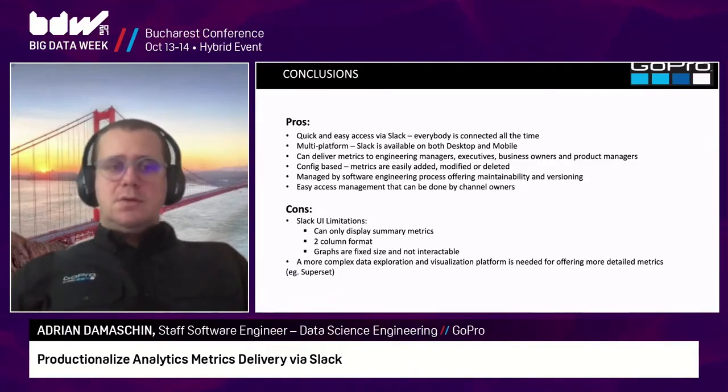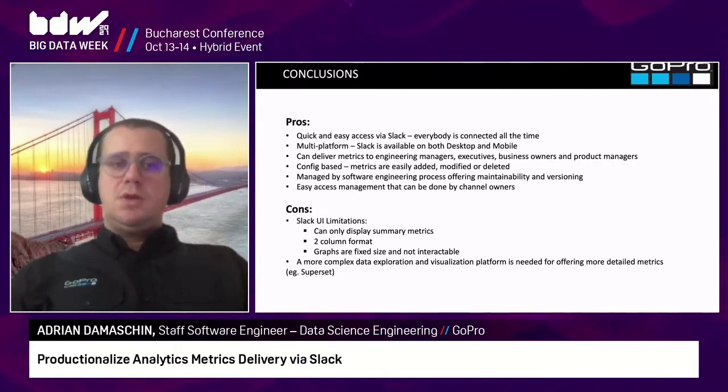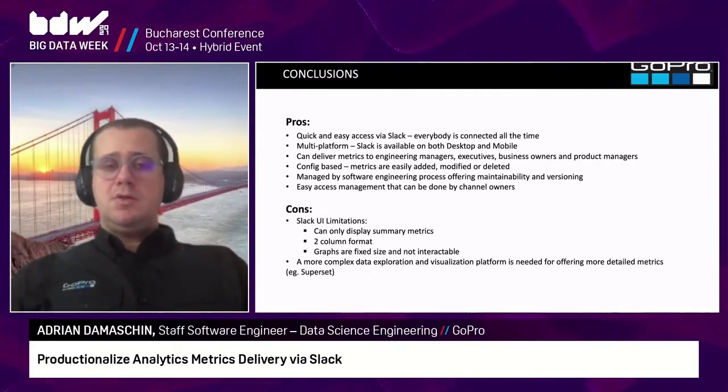Everything is config based, so metrics are easily added, modified, deleted, and everything is managed by the software engineering process. This offers a lot of maintainability, and we have versioning for this. So we can look at how the metrics changed over time because everything is in GitHub.